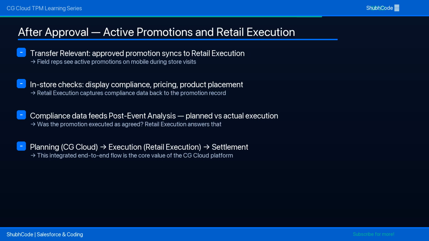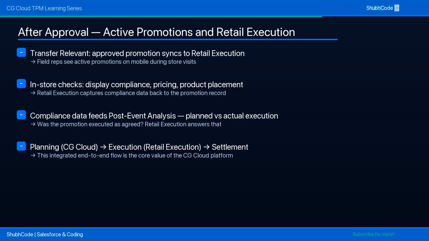Once a promotion is approved and goes active, something interesting happens. If the promotion template has the transfer relevant flag set to true, Salesforce automatically creates a record in retail execution. Field representatives who visit stores can now see this promotion on their mobile app. They check: is the product displayed correctly?